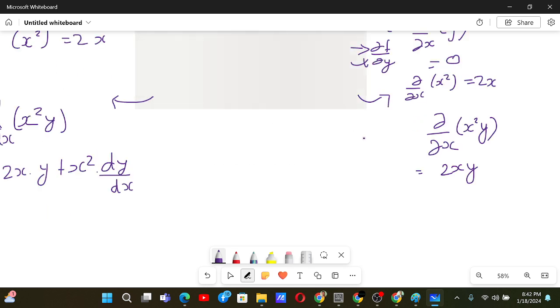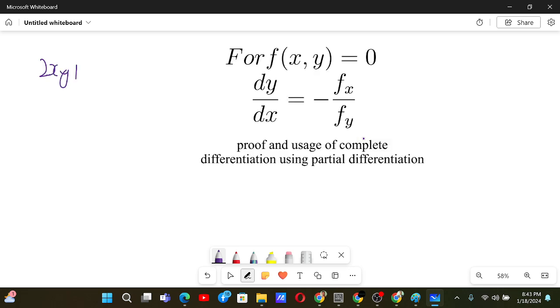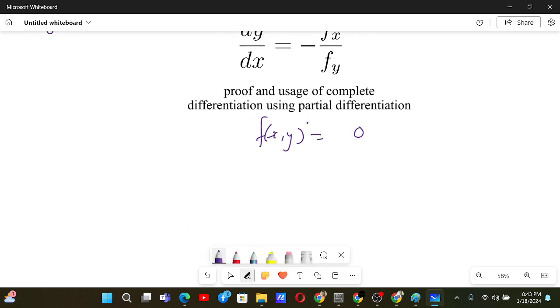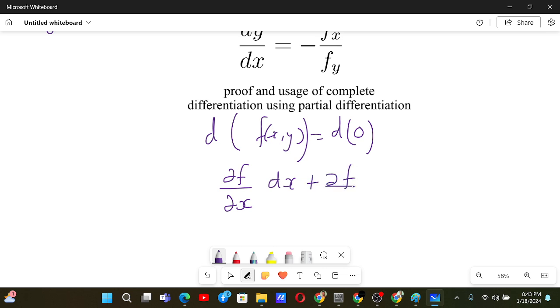Let's say we have this function f(x, y) equals 0. Now if we take differentials on both sides, this will just be the partial derivative of f with respect to x times dx, plus again the partial derivative of f with respect to y times dy.